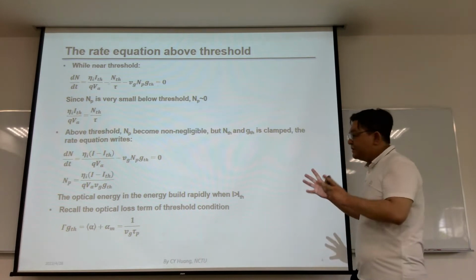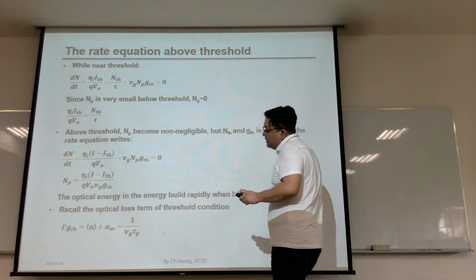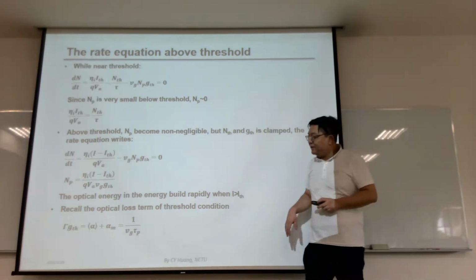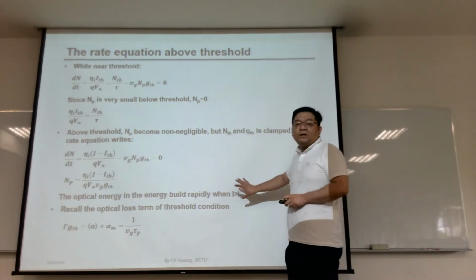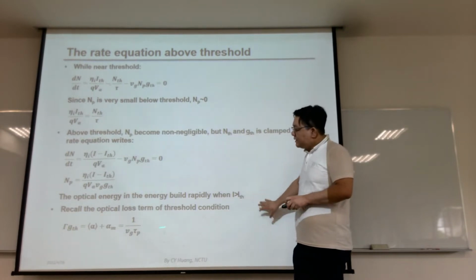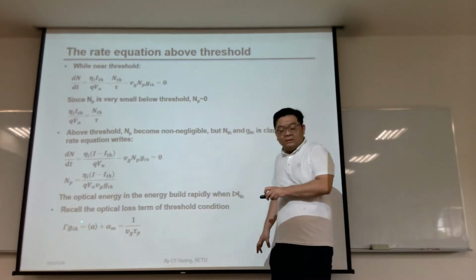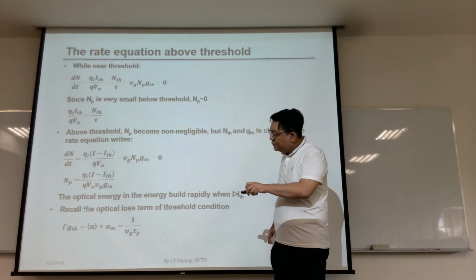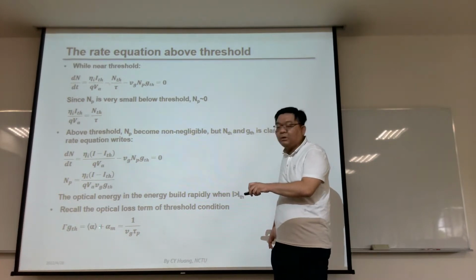Okay, it looks like a lot of terms, but we can still do some simplification. Since it's under lasing, the gain is clamped. So zeta g_TH, this is the modal gain, shall equal the total modal loss.